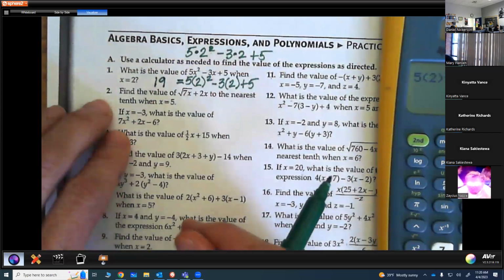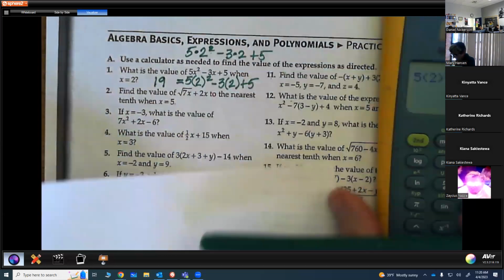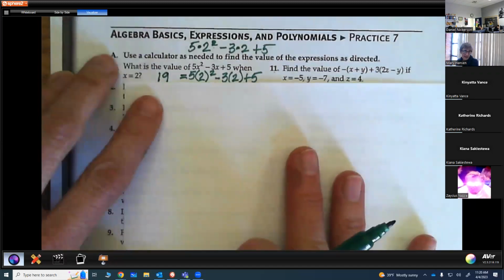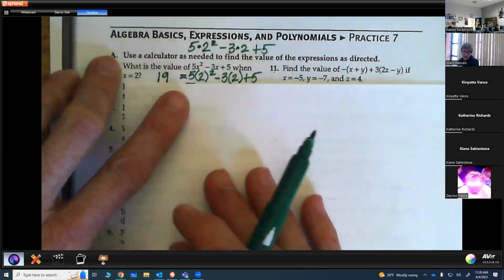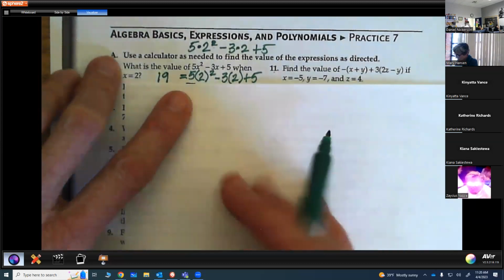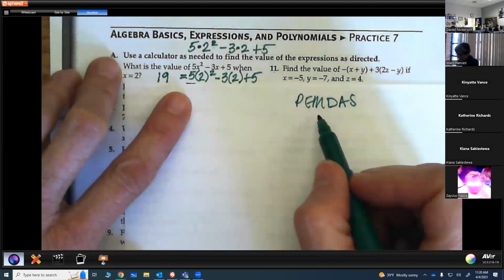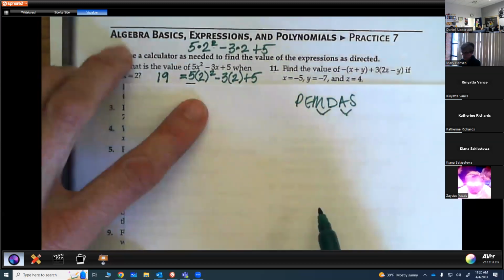Okay, now let's take just a moment here. If we were going to do this problem by hand, remember our order of operations, our PEMDAS, or our Please Excuse My Dear Aunt Sally, or our Penguins Eating Mexican Doritos and Salsa.